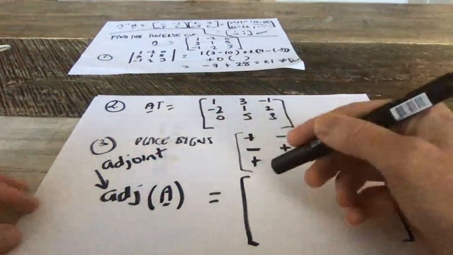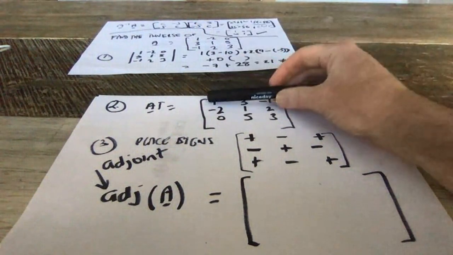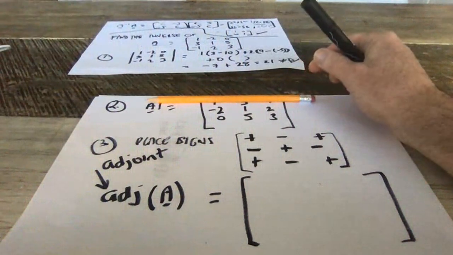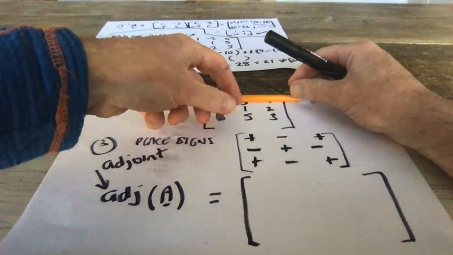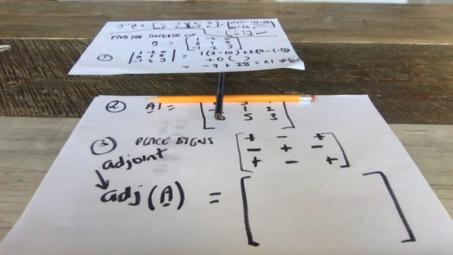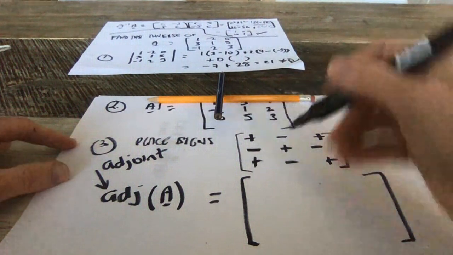And to get the first element of the adjoint matrix, here's what you do. You cover up the first row and the first column of the transpose of the matrix, and you get the determinant of the resulting 2 by 2 matrix. So in this case, you get 1 by 3 minus 2 by 5.